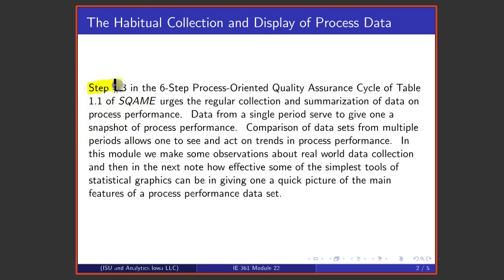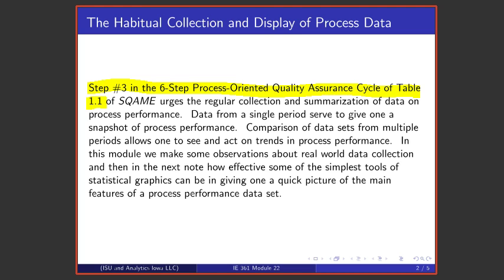So we're at step 3 in this 6-step quality assurance cycle. We need to understand that data simply don't just appear on a piece of paper or in a database.